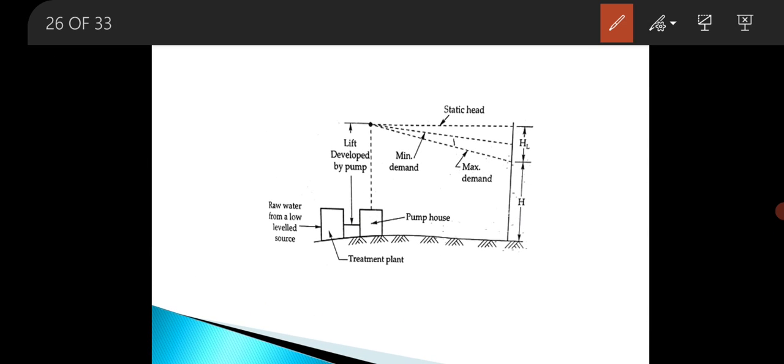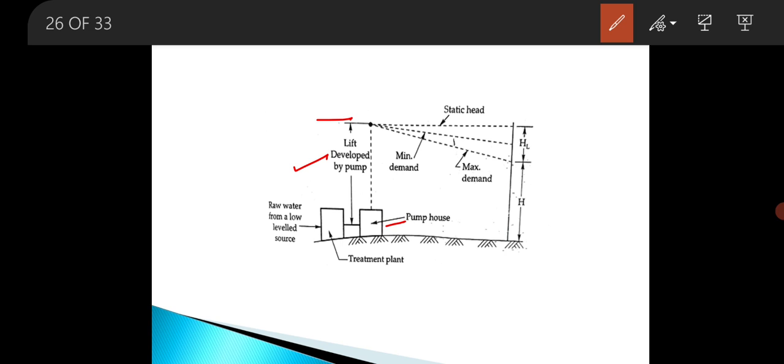See here it is the lift developed by pump. So here this is the pump house, and in this system, the pump is used in order to supply the water and distribute the water.